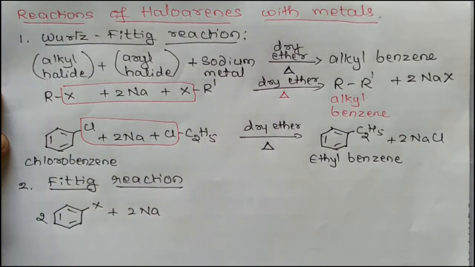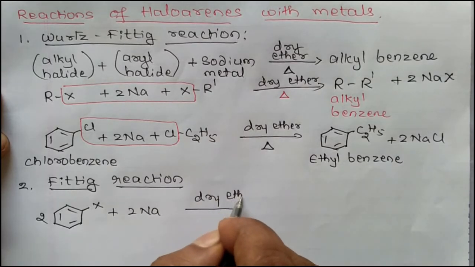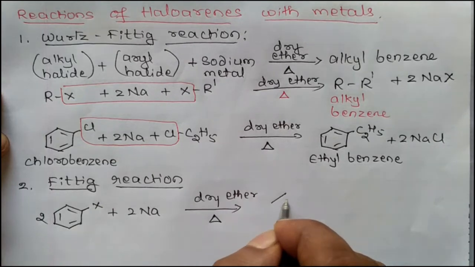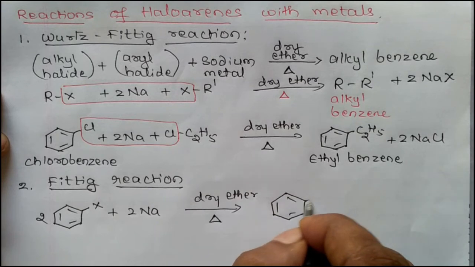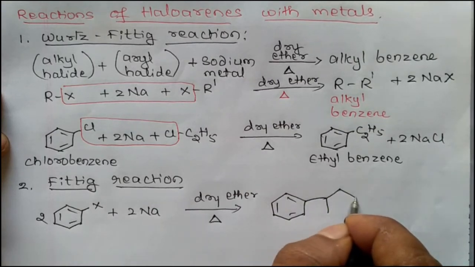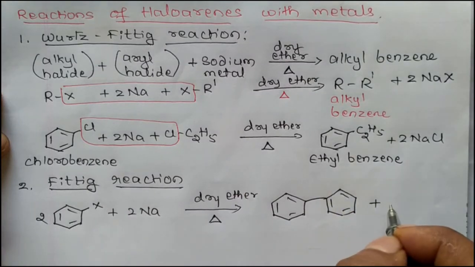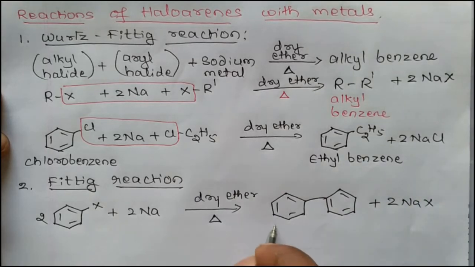When aryl halide is heated with sodium metal in the presence of dry ether, you are going to get biphenyl, plus NaX. This reaction is known as the Fittig reaction.